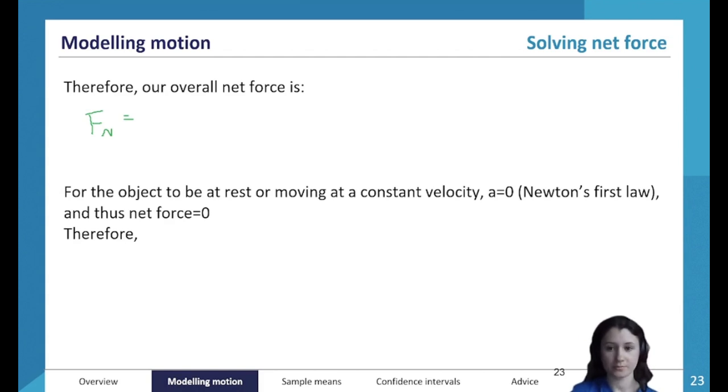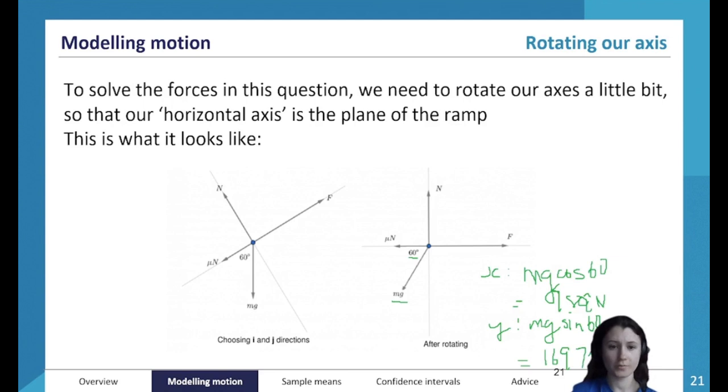So, in the i component, we have mu n and f. Mu n and f. So, we have the component 980 and the f and the mu n.